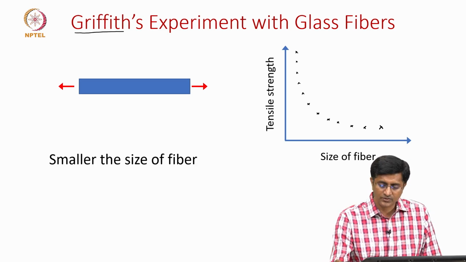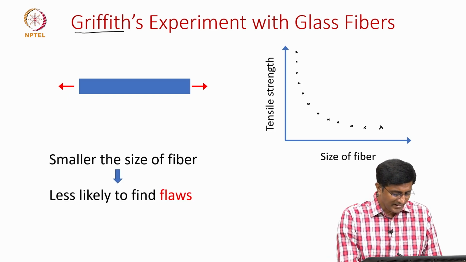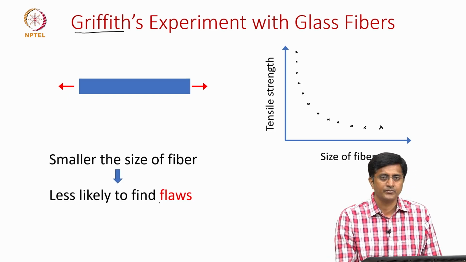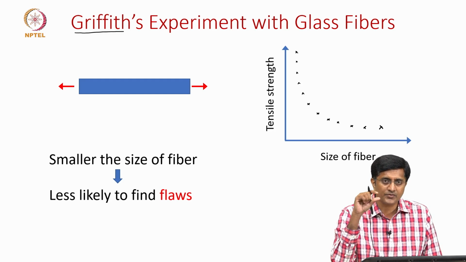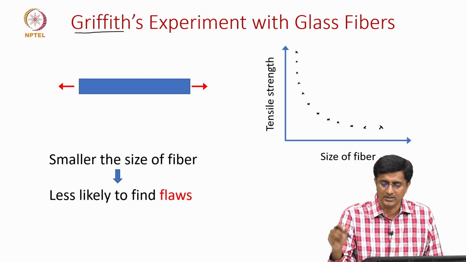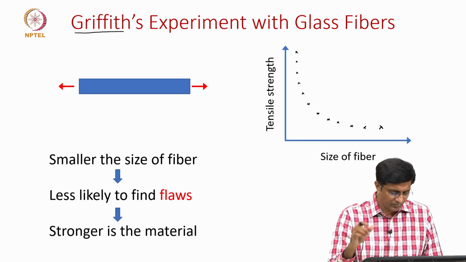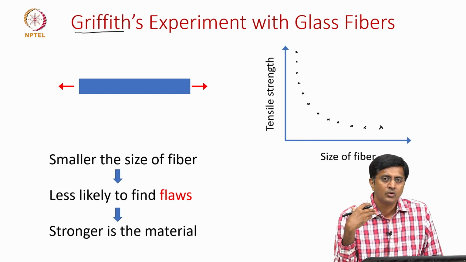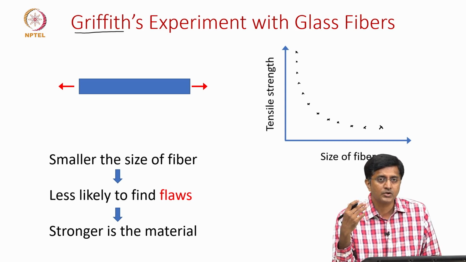The smaller the size of the fiber, the less likely it is to find flaws, especially those flaws on the surface of the fiber which lead to cracks and failure of the fiber. As we decrease the diameter, the probability of finding these flaws is less. What do the flaws do?